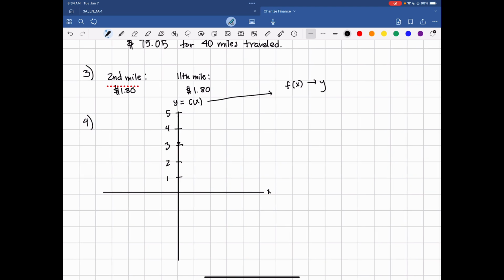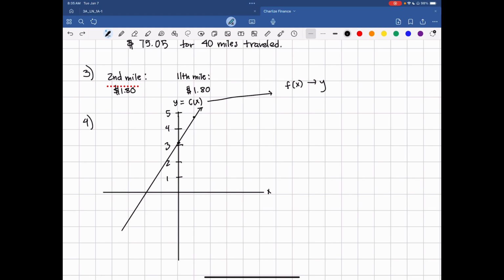If you go 1 mile, you're increasing by $1.80, which is kind of here. I'm kind of rounding $2. It's a $2, but a little less. This is the line of your function. Try to get a straight line like that.